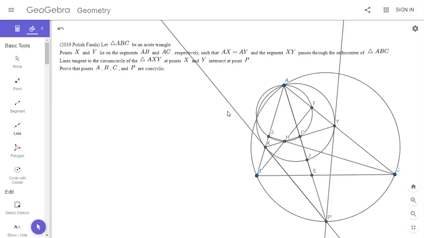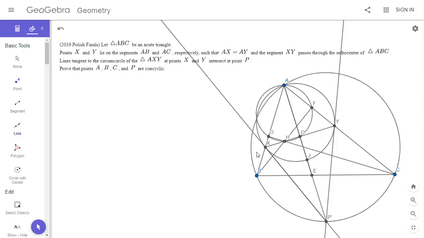I'm seeing so many different equivalent things here. I'm trying to figure out which one is the best to work with. Okay, I think I have it.